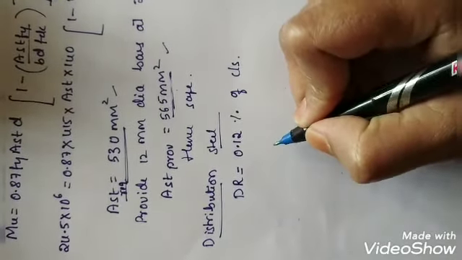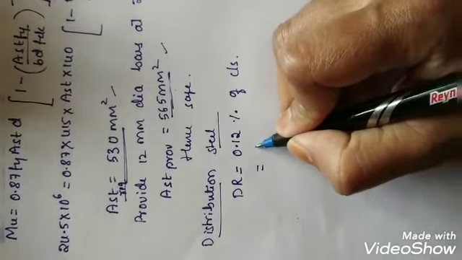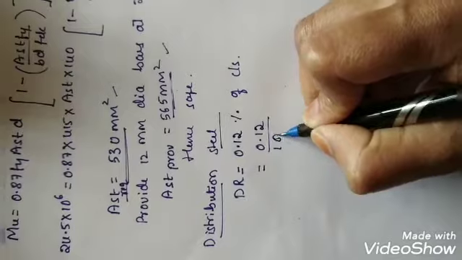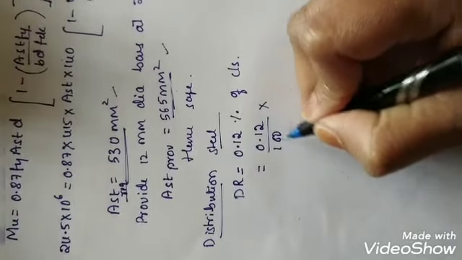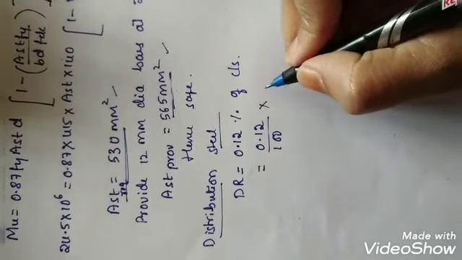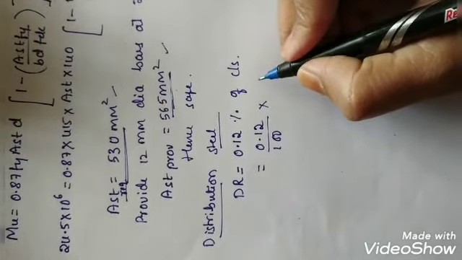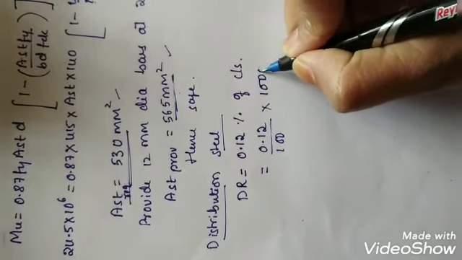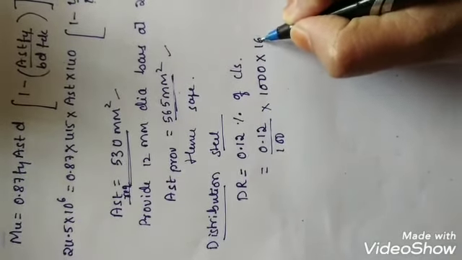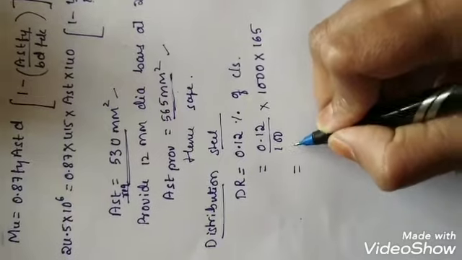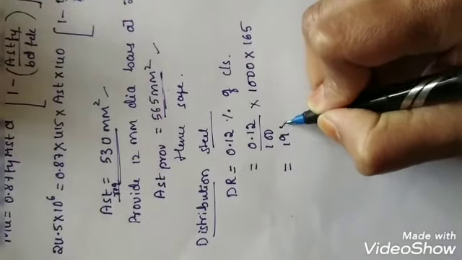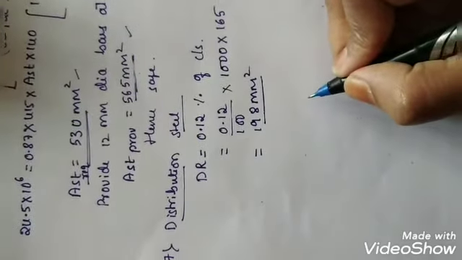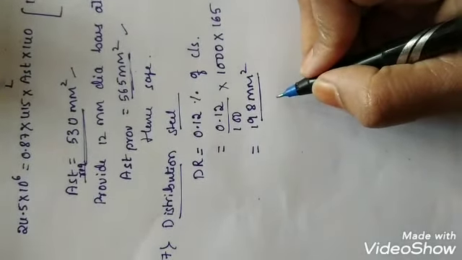So that is equal to 0.12 divided by 100, to remove the percentage I have used the 100, into the cross section area. Slab cross section area I will consider as 1000 into 165 mm. So we have got this value, 198 mm square. This is the area of the steel in the distribution reinforcement.